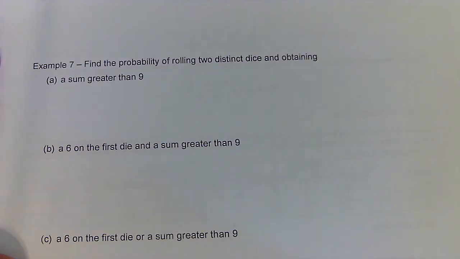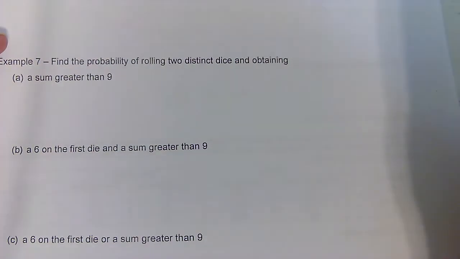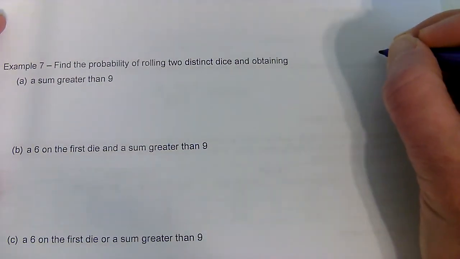Find the probability of rolling 2 distinct dice and obtaining a sum greater than 9. So we need to talk about how to get a sum with 2 dice. Okay, so this is going to be my picture for the sums.